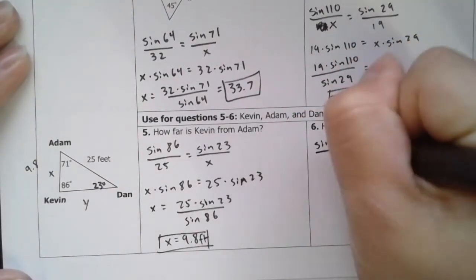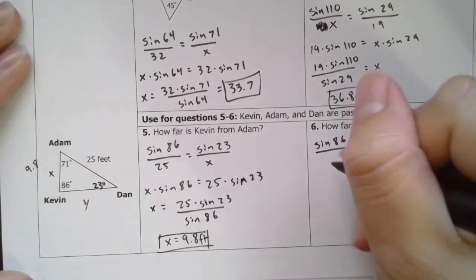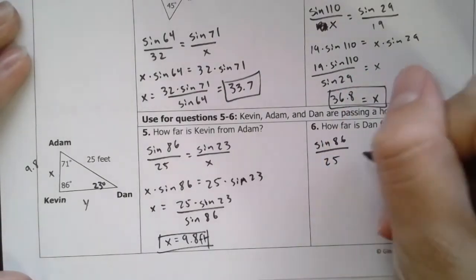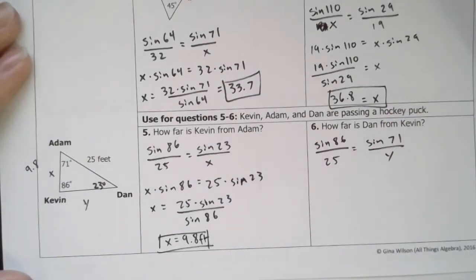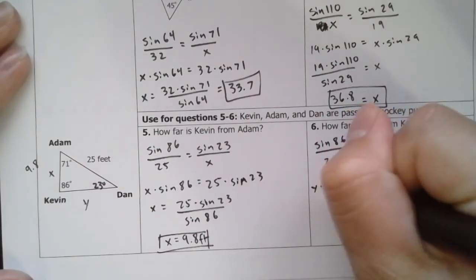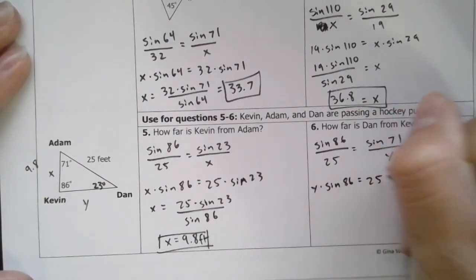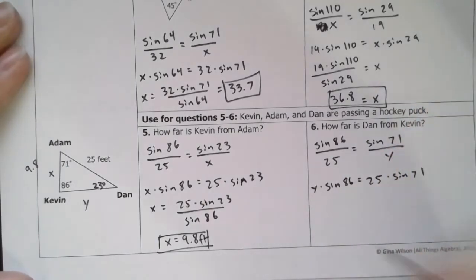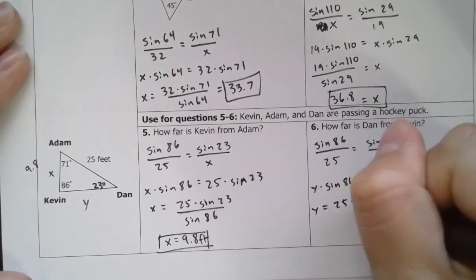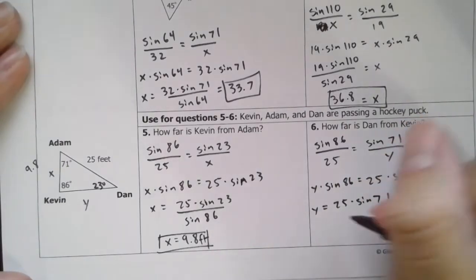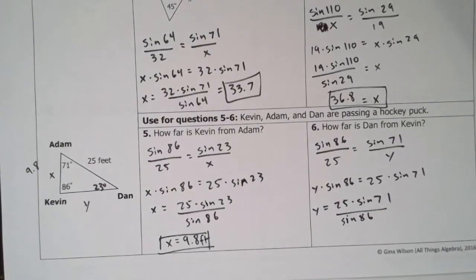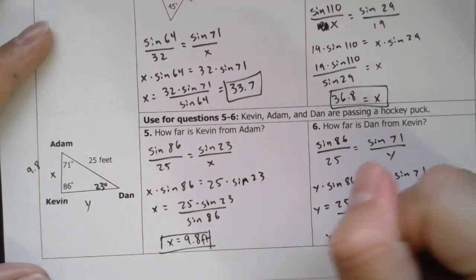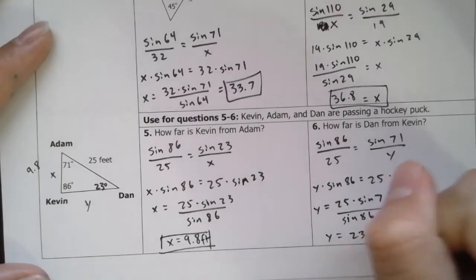So anyway, sine of 86 over 25 is equal to sine of 71 over y, and then you'll get y times sine of 86 is equal to 25 times sine of 71. Y is equal to 25 times sine of 71 over sine of 86. And when you put that in your calculator, you'll get that y is equal to 23.7 feet.